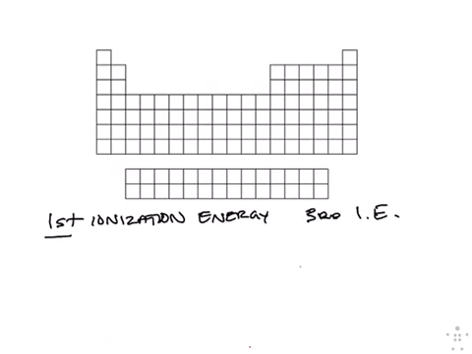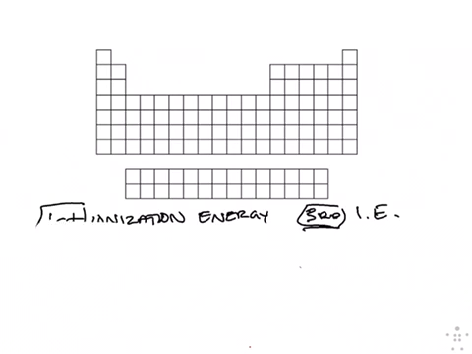So when we say first ionization energy, we're saying, how much energy does it take to remove the first electron from that atom? The third would be the energy required to remove the third electron. So this is assuming that you've removed 1 electron already and then a second electron. Now we're getting to a third. So that's what these numbers in front represent.